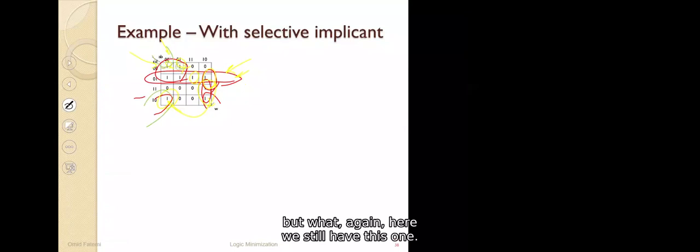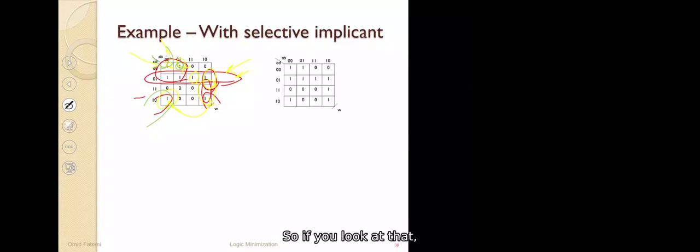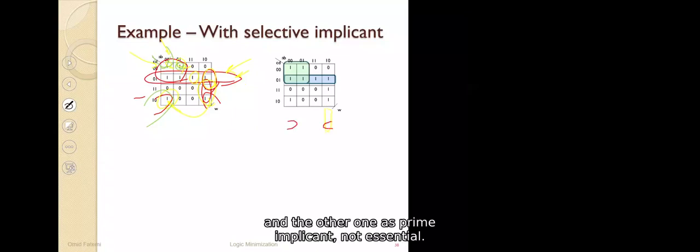But again, here we still have this one, so that one is essential. The first 4 was essential, and none of the others is essential because all of them are covered by something else. So we have these 2 as the essential prime implicants, and the other one as a prime implicant, not essential.